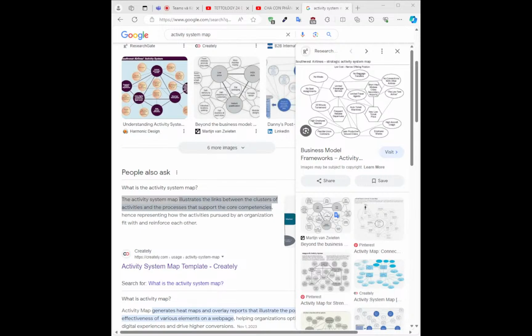So let's move on to operation and supply chain strategy. This is very common: the operation and supply chain strategy needs to fit into the corporate strategy.